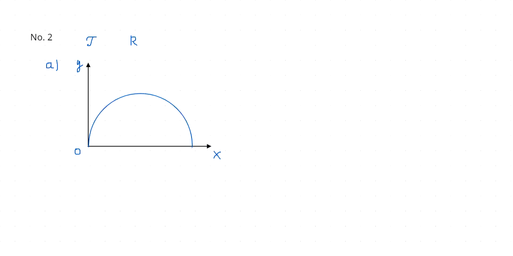Okay. The first part: the average value of modulus of velocity. This is the whole path divided by the whole time of motion.